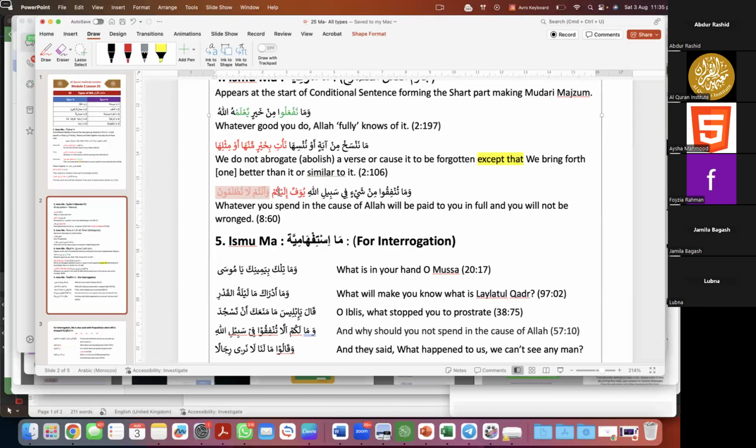In a state when you will not be unfairly treated, meaning there will not be any zulum on you, appropriately given back. That's the meaning. Okay, Jumlatul Haliya.